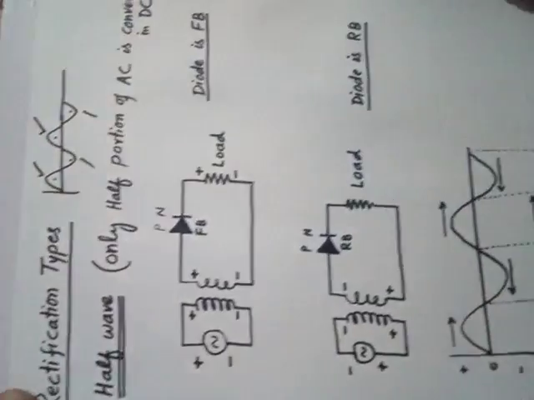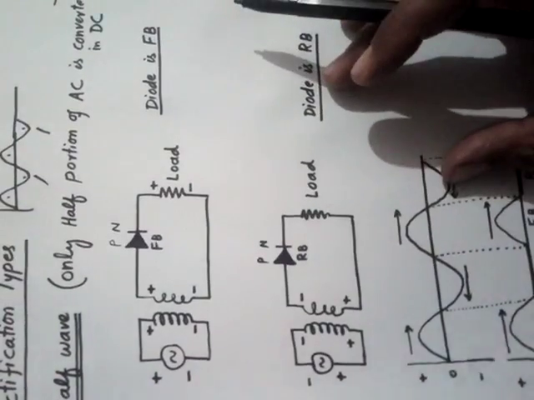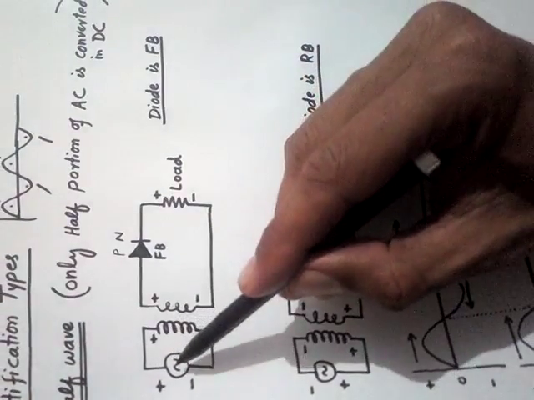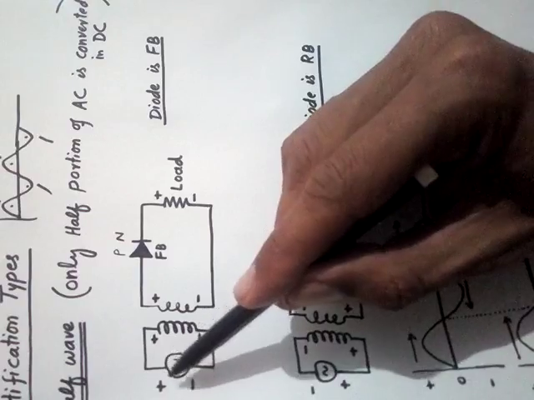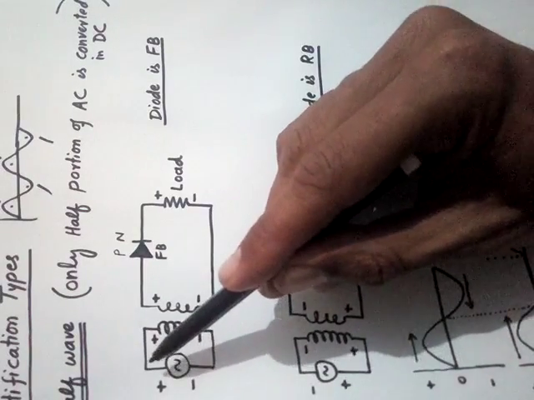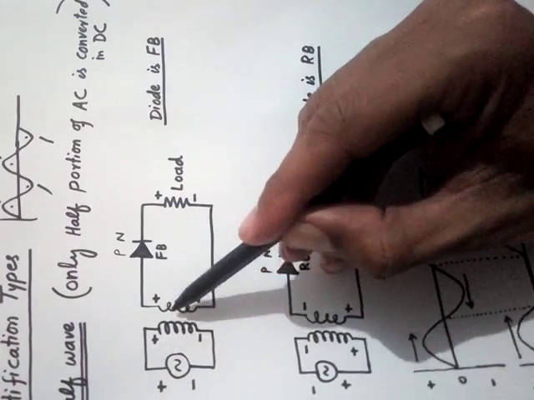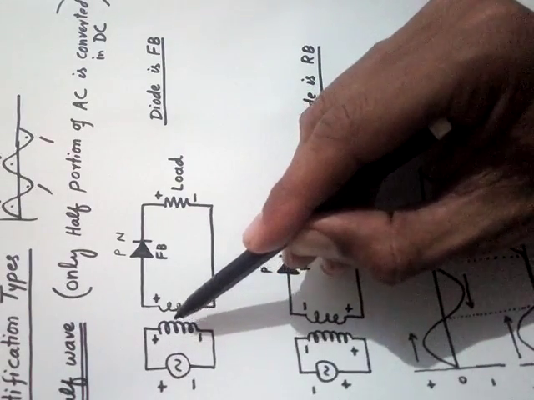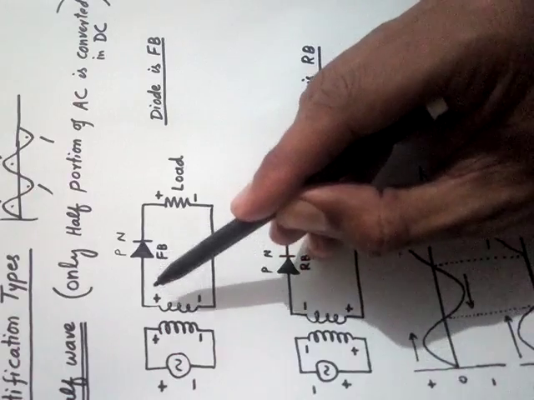Now, this is the half wave rectification circuit. Consider this is the alternating current source. As we know, this is the symbol for AC, and this is the symbol for transformer. This is the primary coil, this is the secondary coil.